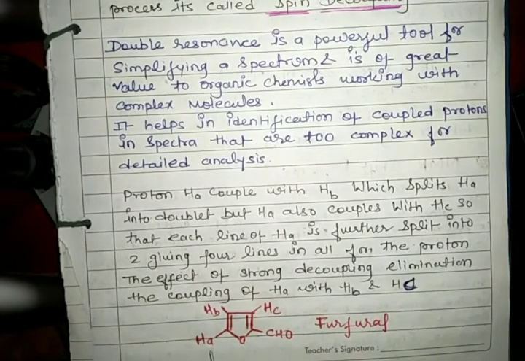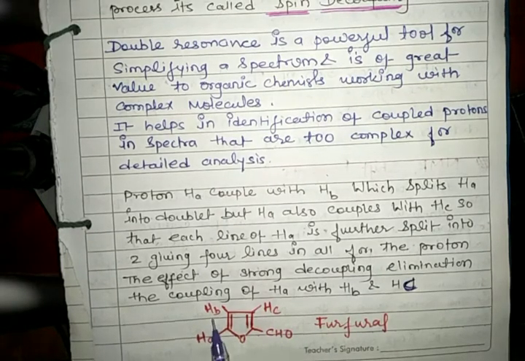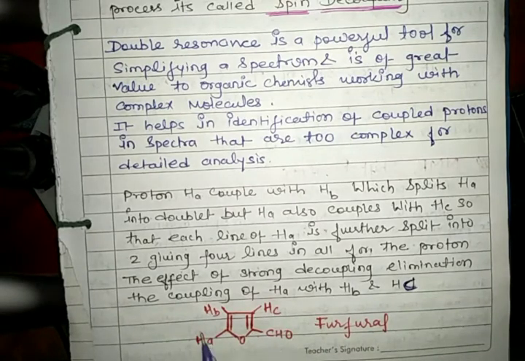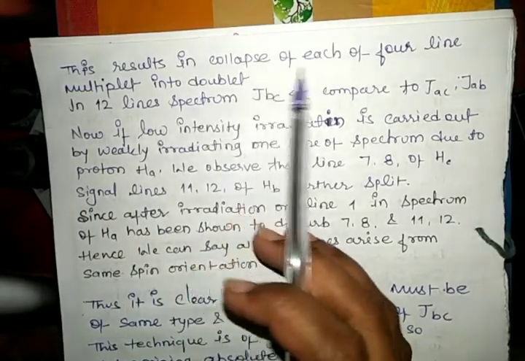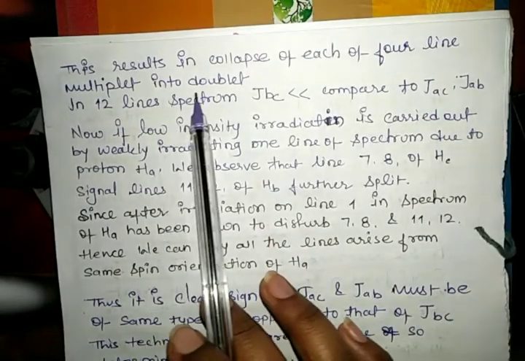So here we see we have three types of protons with different chemical environments, Ha, Hb and Hc, and these are coupled together. This results in the collapse of each of the four-line multiplets into doublets.